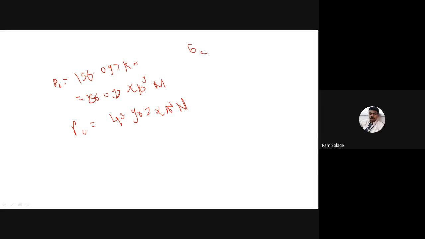Sigma S is equal to 124.21 Newton per mm square. बरोबर आहे का?